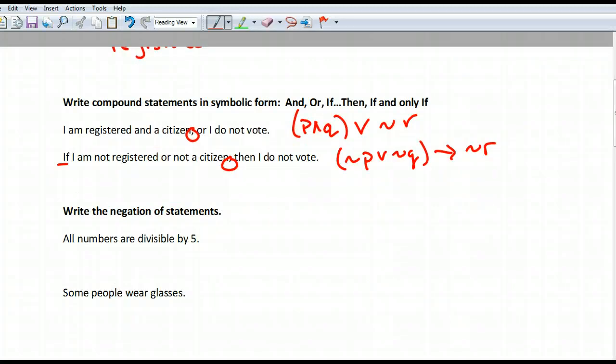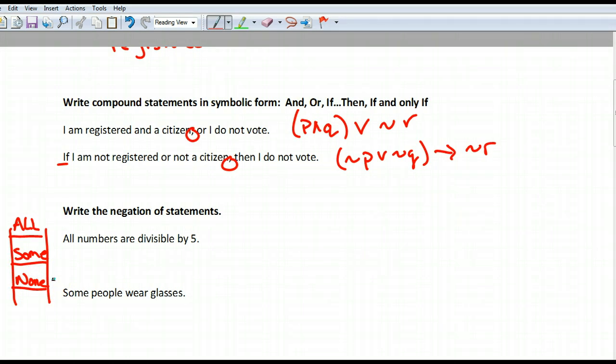All right, so write the negation of these statements. Remember, we're talking about all, some, or none here. So let's just review this for a second. Make our little ladder. Okay, the top rung of the ladder is all. Middle one is some. And the bottom one is none or no. Okay?